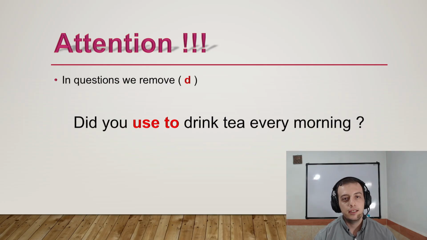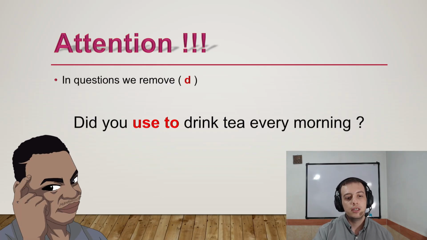Because we have "did," the auxiliary verb of the simple past, which talks about the past form, and "used to" is talking about the past too, we need to remove the d or ed from the word "used to." So we say, did you used to drink tea every morning? Or sometimes you can hear some native people say, did you used to drink tea every morning?